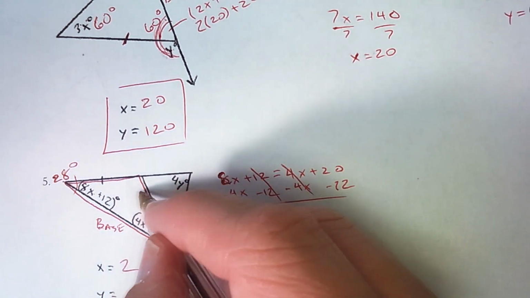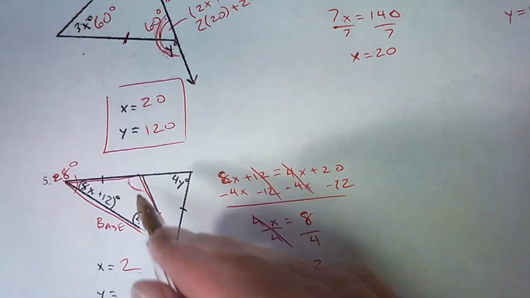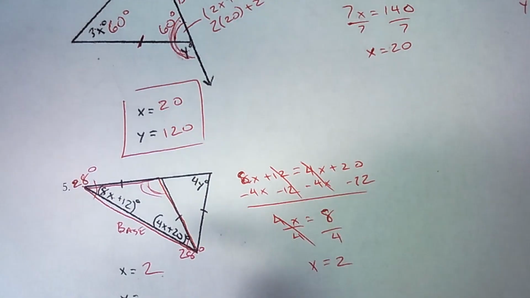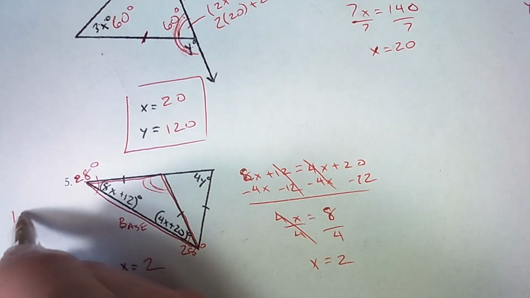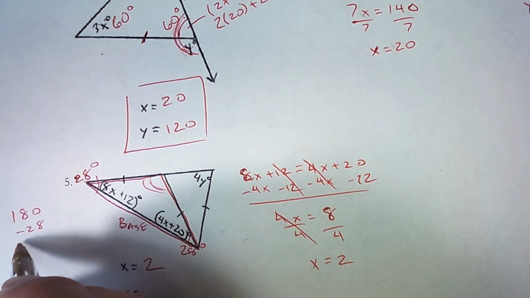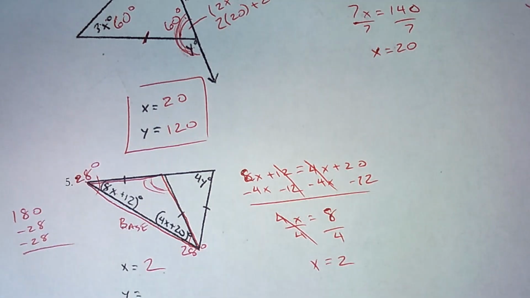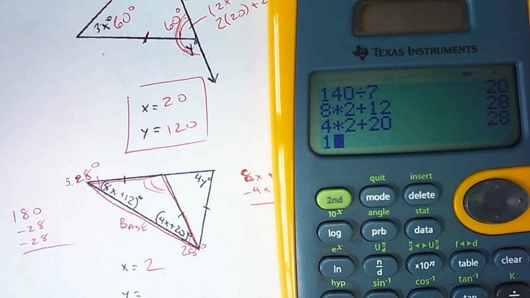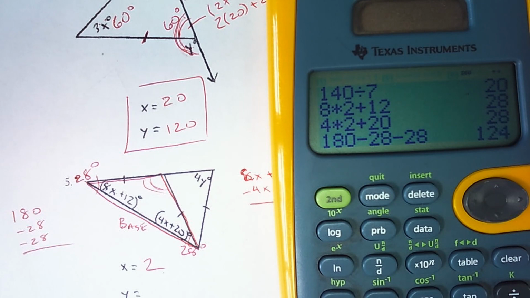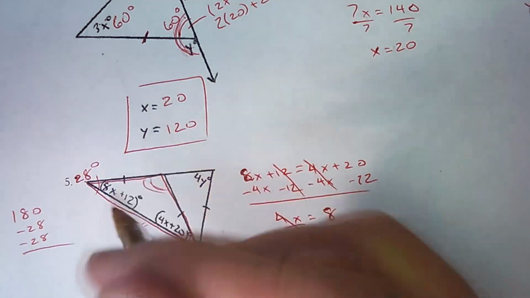Okay, now I can use those to find this angle right here. So I have a total of 180. So 180 minus 28 and minus another 28 gives me 124.